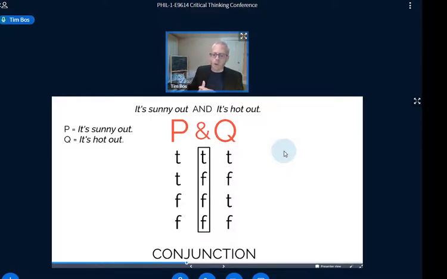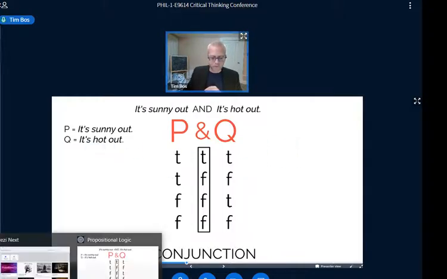So that's why only the top row, let me go back to it again, only the top row shows the whole statement being true. Right? Again, this whole column here, underneath the and sign, is the truth value of the whole statement. The whole statement is it's sunny and hot out.